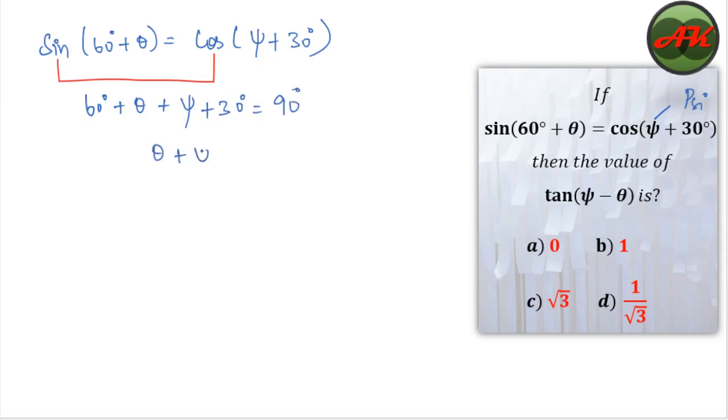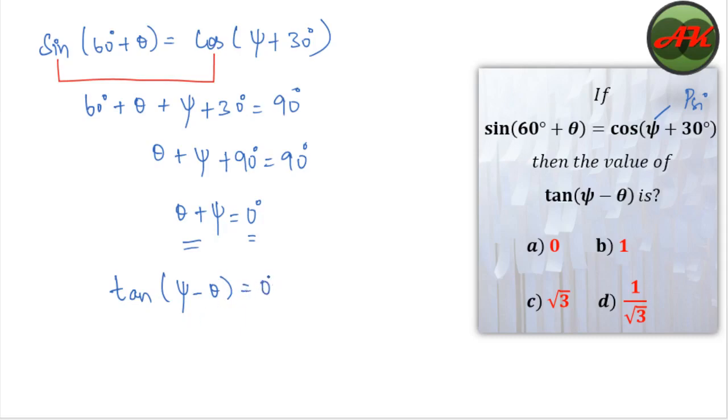So theta plus psi plus 90 degree is equal to 90 degree. So finally we get theta plus psi is equal to 0 degree. So they are asking for tan of psi minus theta. Whatever we interchange here, we get the answer 0 degree. So tan of psi minus theta is equal to 0 degree. So tan of 0 degree is equal to 0. So 0 is the answer.